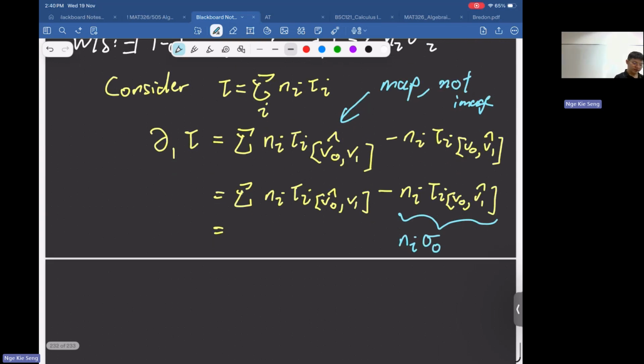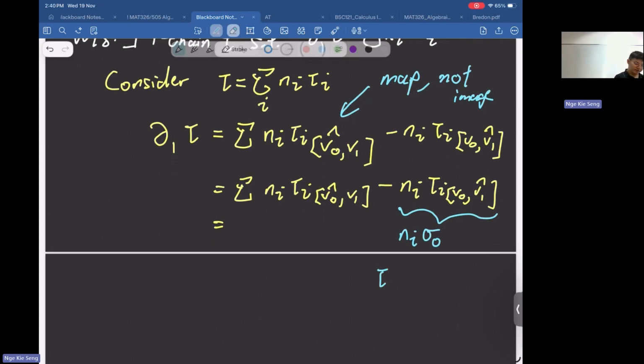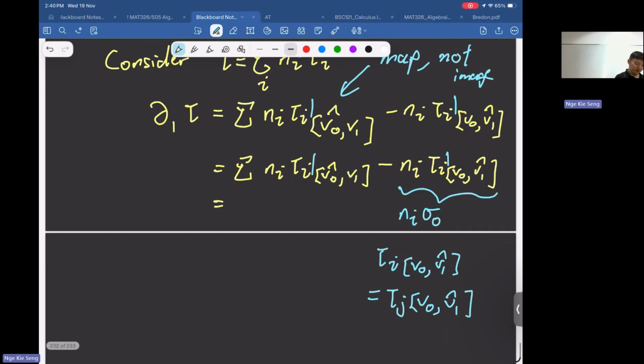So what I want to say here is Ti restricted to V0, V1 hat is equal to Tj restricted to V0, V1 hat for i not equal to j. They all start at the same place, the same map. But the ending point is a different map, and those correspond to sigma i.